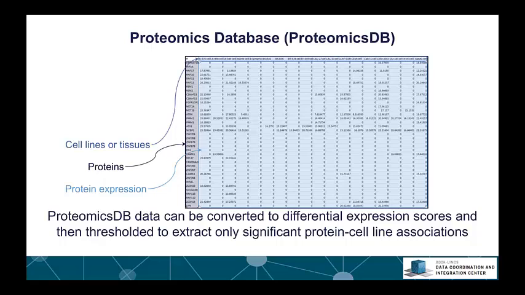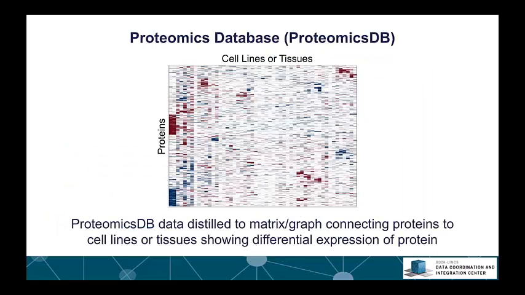One approach is to threshold the data to extract associations between proteins and cells or tissues in which those proteins are expressed higher or lower than usual. This heat map is a visualization of a bipartite graph derived from the ProteomicsDB dataset.